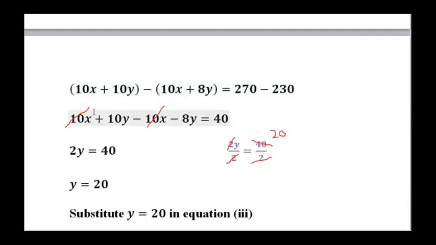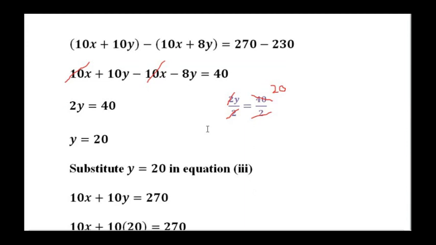We get 10x plus 10y, negative 10x, because negative times positive 10x is negative 10x, and negative times positive 8y is negative 8y. On the right side, if we subtract 230 from 270, we get 40. As you can see, positive 10x, negative 10x is 0. We get 10y, negative 8y, and their difference is 2y equals 40.